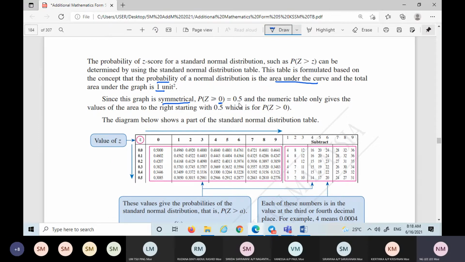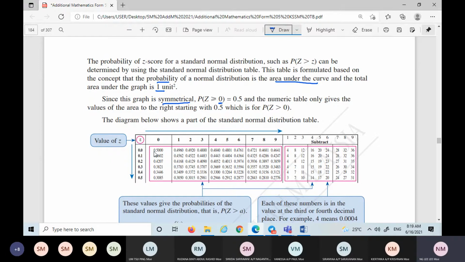The numeric table only gives the value of the area to the right, starting from 0.5, which is the probability for Z greater than 0. This is the meaning.